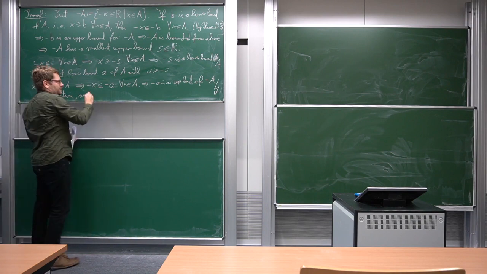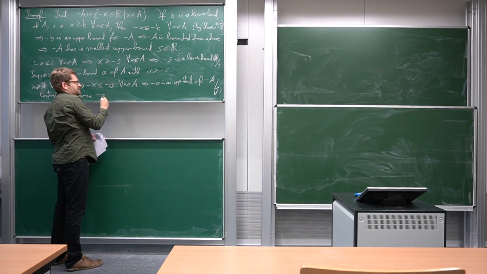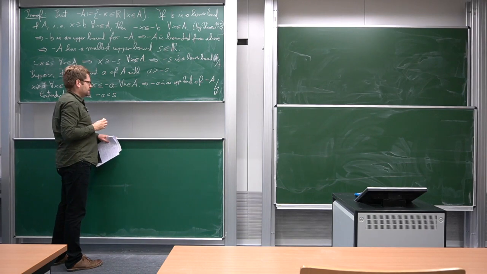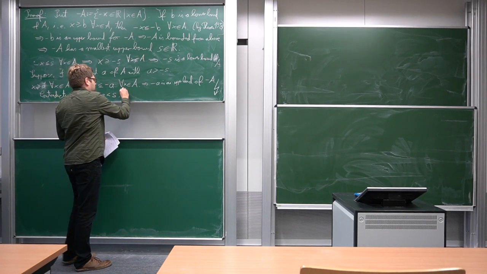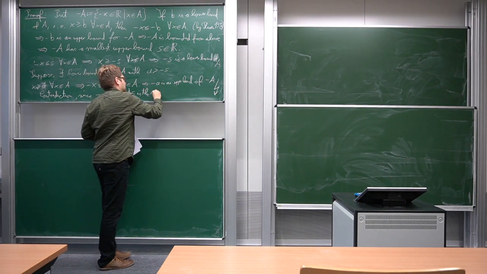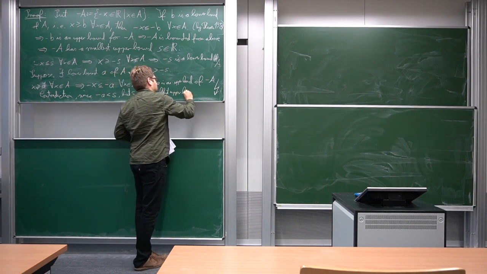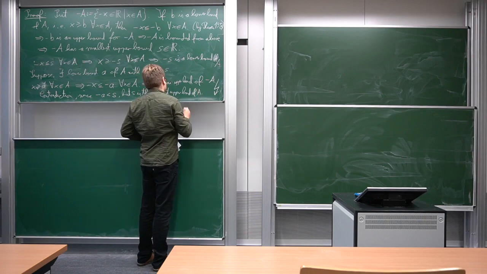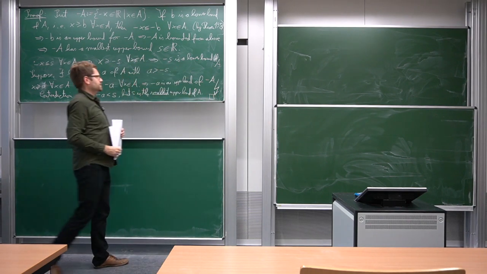Since A is bigger than minus S, we get that minus A is smaller than S, again by the changing sign flips the inequality. So minus A is smaller than S, but S is the smallest upper bound of A. And this shows the claim.